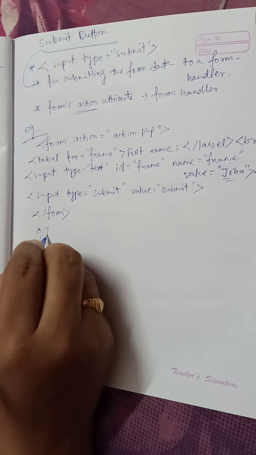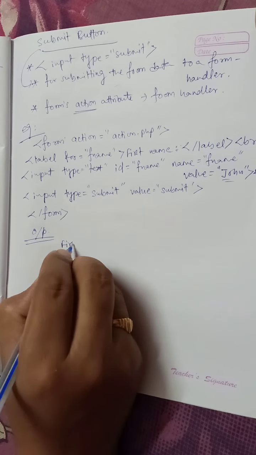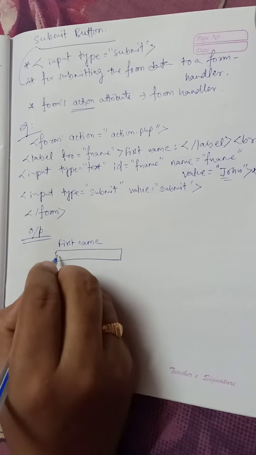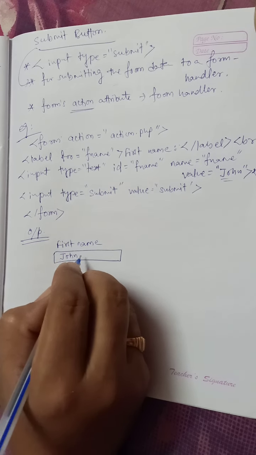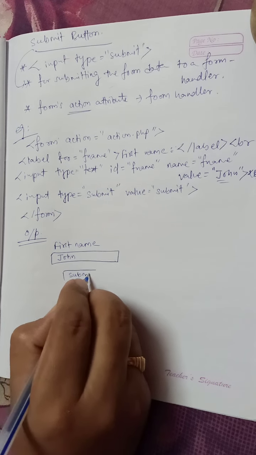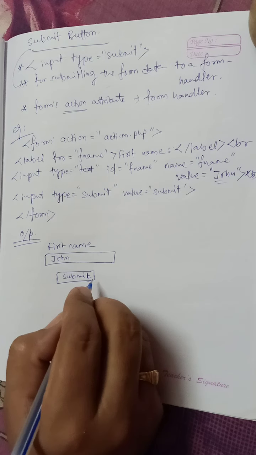First let me write down the output, how it will look. First name, here it will display John, and then it will display the button, that is my submit button.